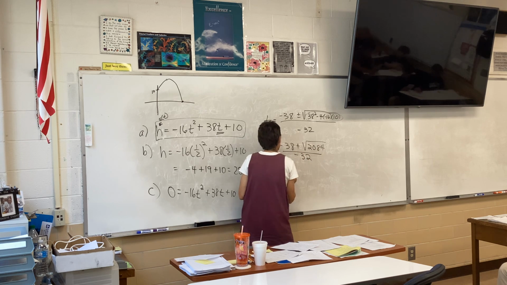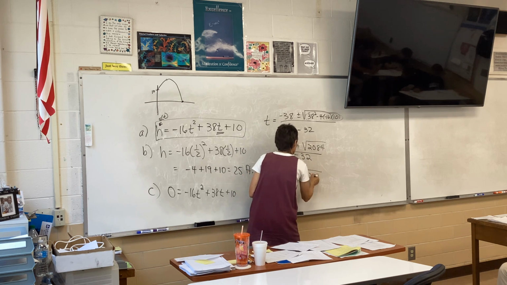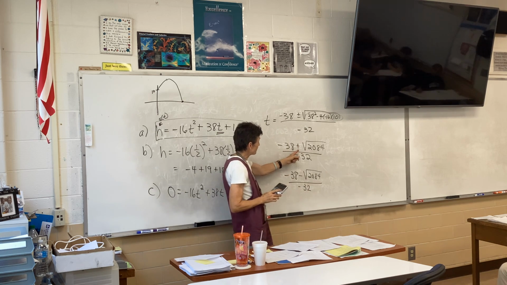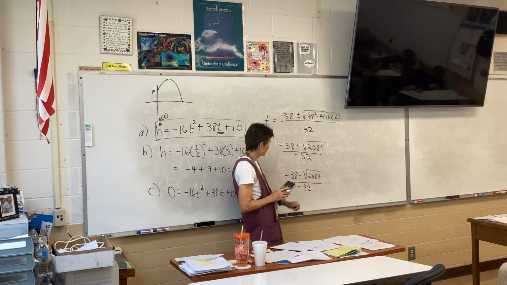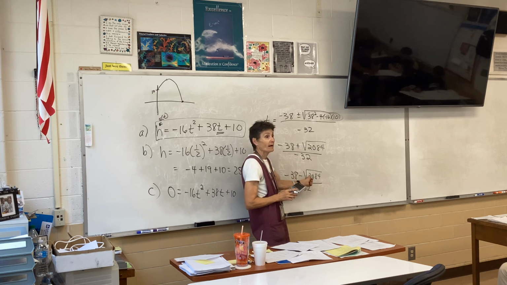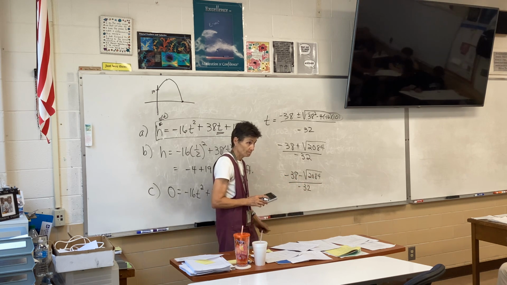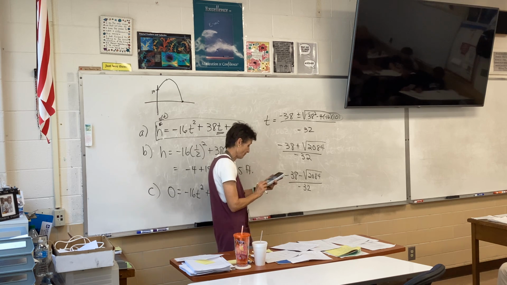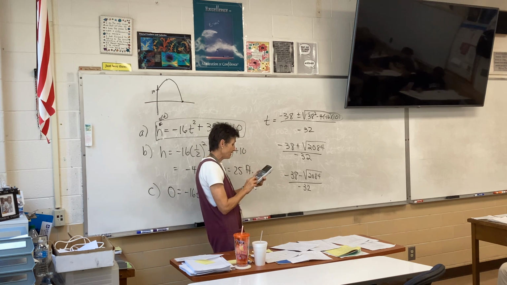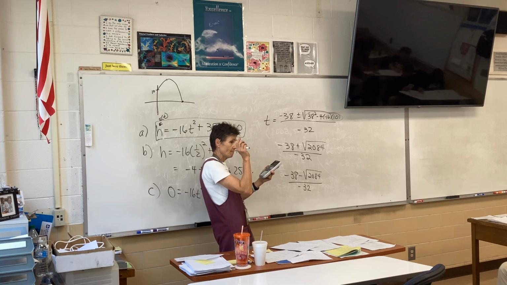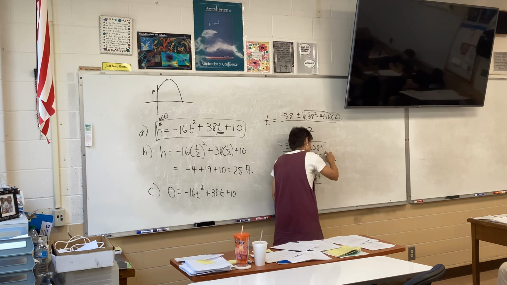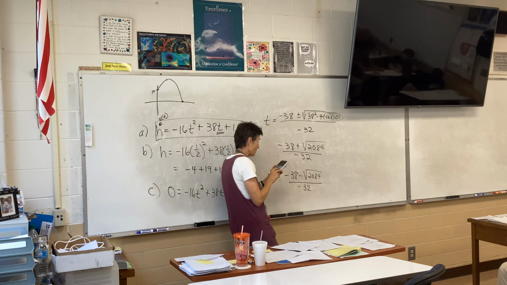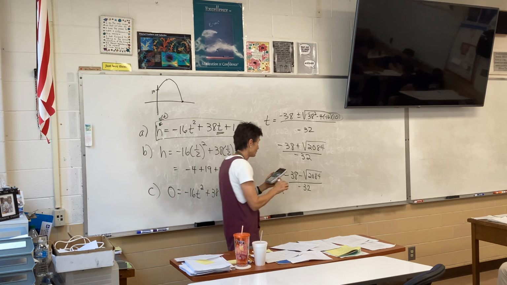So one of my answers is negative 38 plus the square root of 2084 over negative 32, and the other one is negative 38 minus. Would you agree with that? Type it in my calculator. I'll do the first one first. Negative 38 plus the square root of 2084 equals, make sure after you type in your numerator you hit equals, and then divided by negative 32.